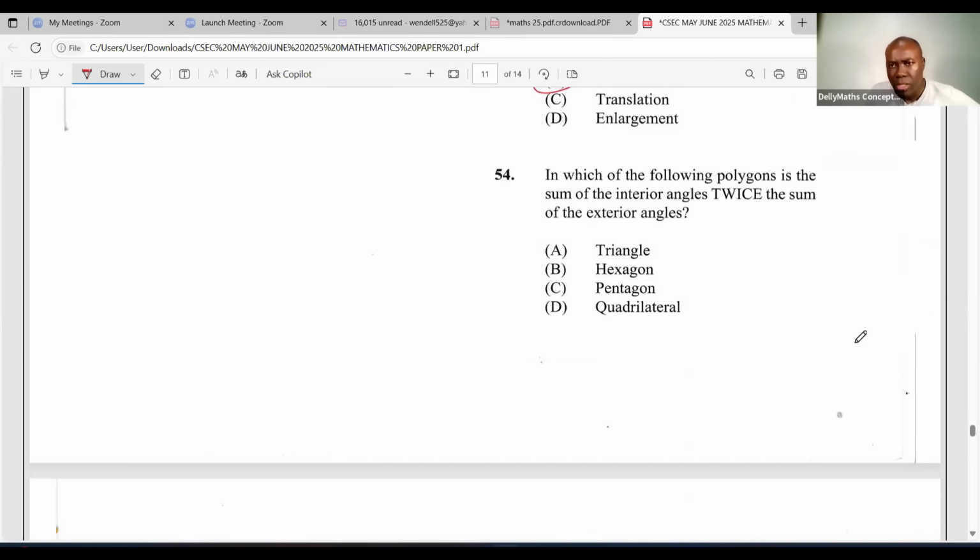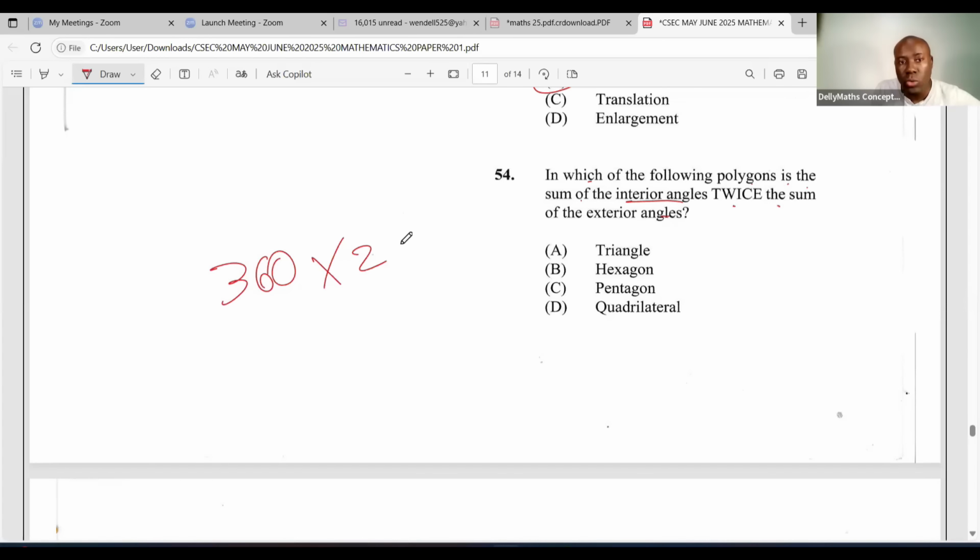Coming down. Which of the following polygons has the sum of its interior angles twice the sum of its exterior angles? This is now twice. It's not the same question. In which of the following polygons is the sum of its interior angles twice the sum of its exterior angles? Now, the sum of exterior angles is 360.